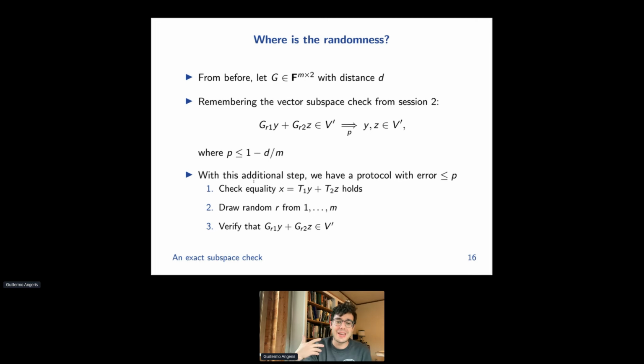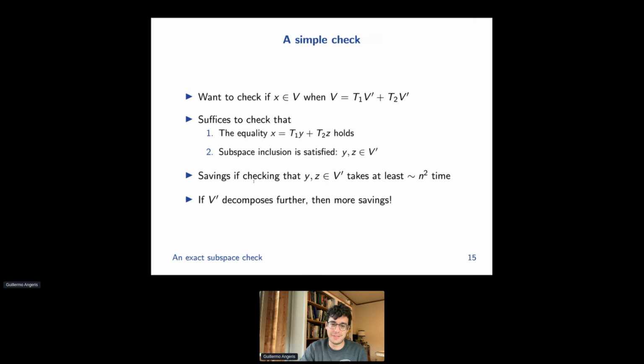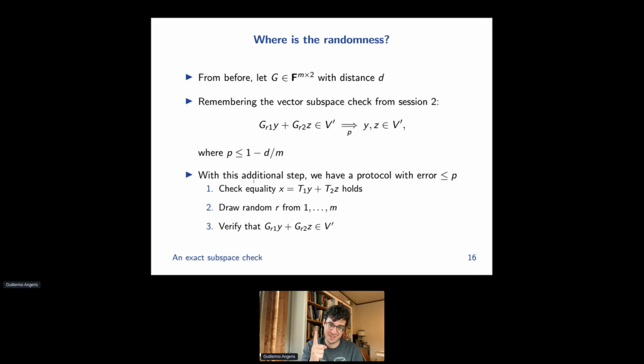And so now we can replace the last step of the previous protocol, which is that y and z are in V prime. We can replace it with a single check for a single subspace, right? We're going to replace that last section with drawing a random number r from 1 to m, and then verifying that the random structured linear combination of y and z lies in V prime, right?